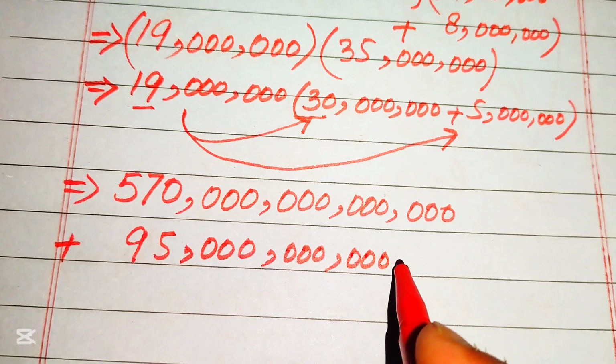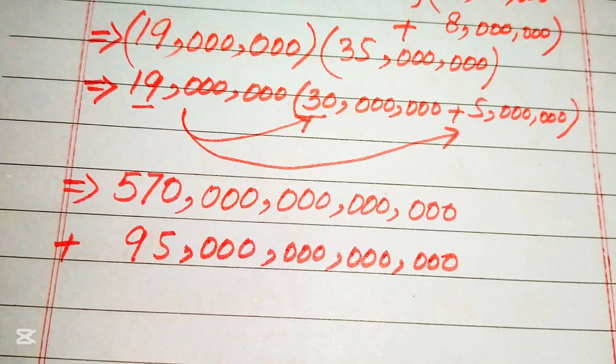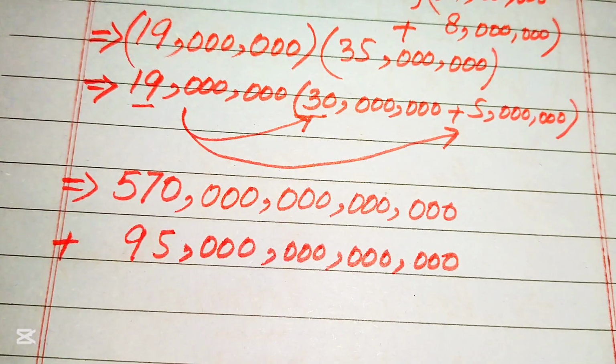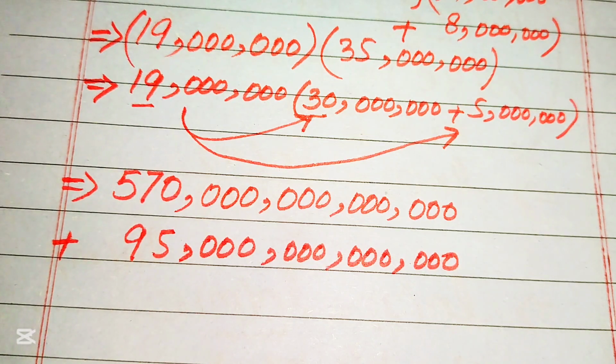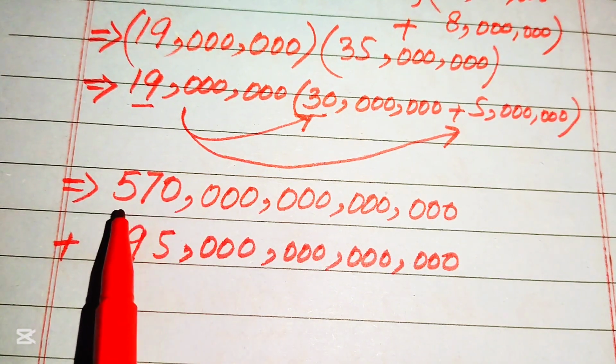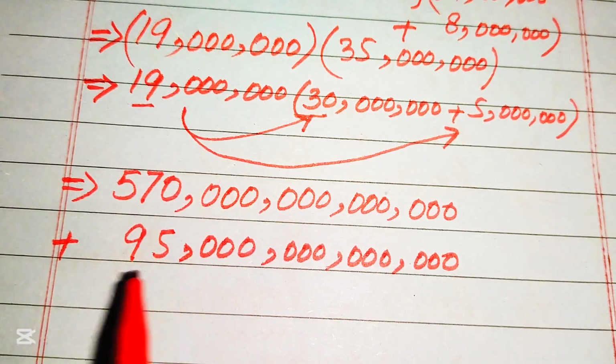This is a very simple way to multiply these terms with each other. You can use the traditional method of multiplication which you learn in primary classes, multiplying a two digit number with a one digit number. In the next step we sum up 570 trillion and 95 trillion.